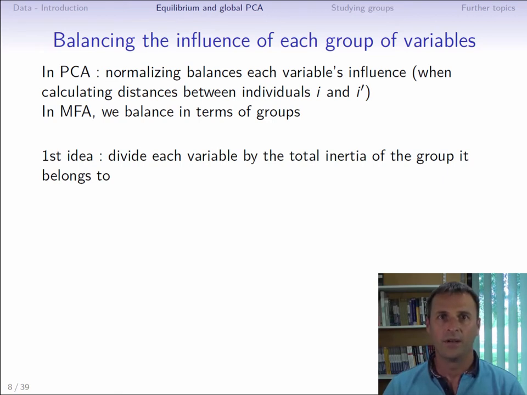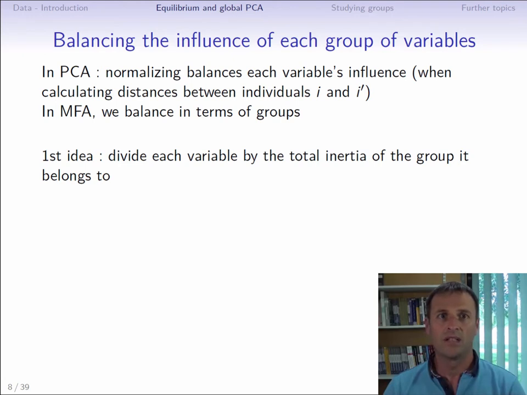An initial idea, which approximates what happens with PCA, consists in balancing the influence of each group of variables by dividing by its inertia. Indeed, the inertia is a kind of variance in the multidimensional framework. We could therefore weight the groups so that each group has an equivalent inertia.